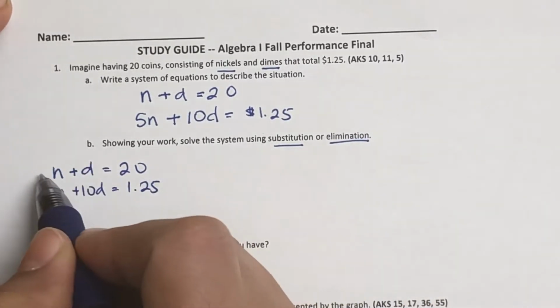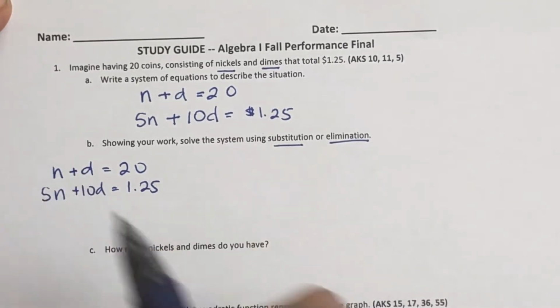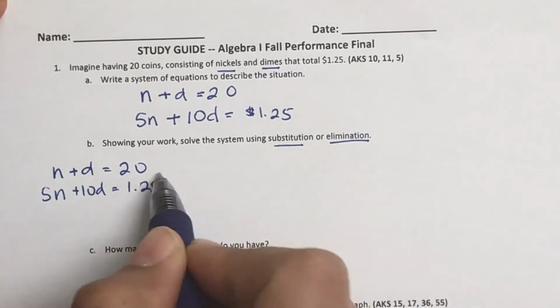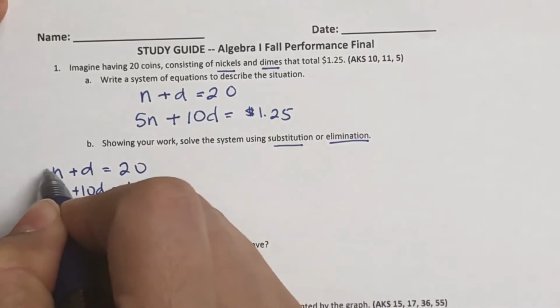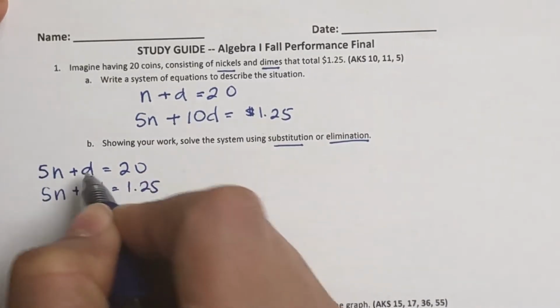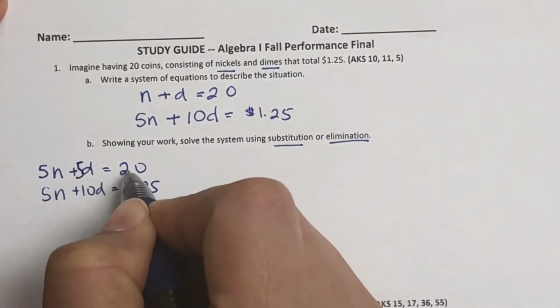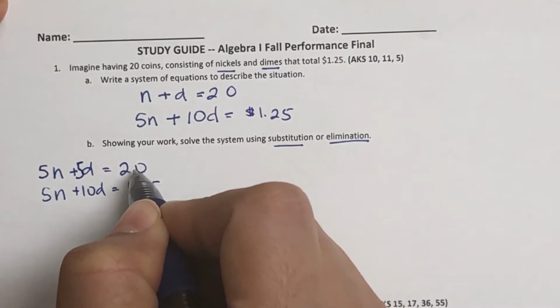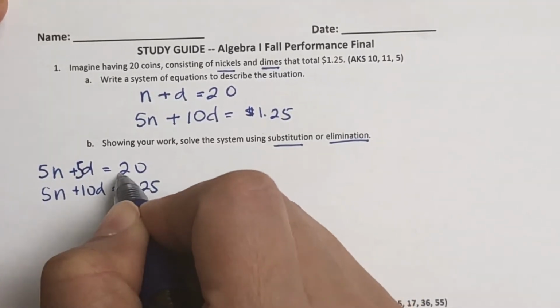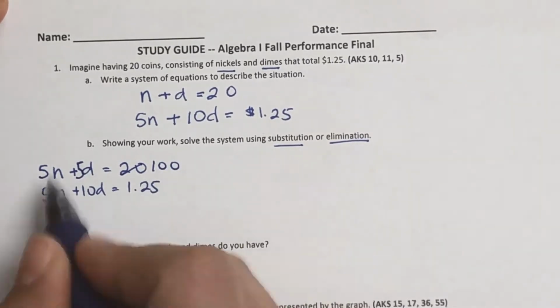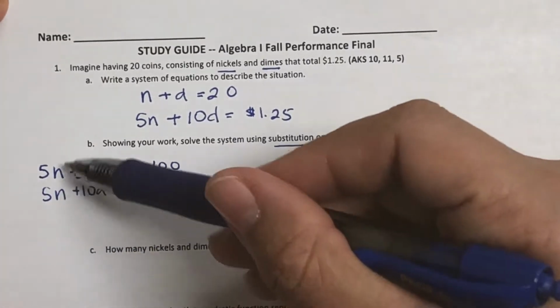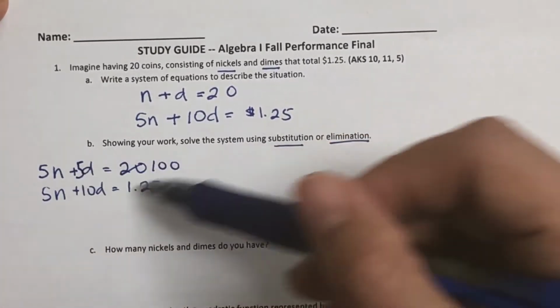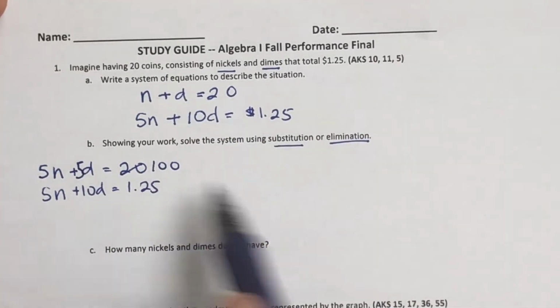So let me take this whole equation and multiply it by 5. Now, if I do it to one thing, I have to do it to all of it. So if I multiply the invisible 1 by 5, I get 5. Invisible 1 by 5, I get 5. 20 times 5 is 100. So this is my new equation. Now, this still doesn't get rid of what I need. What I need is to change the signs on one of those equations.